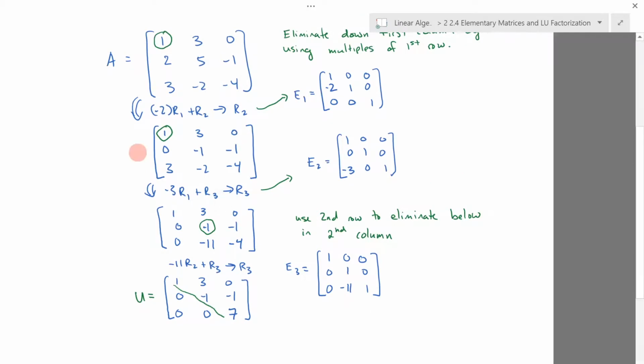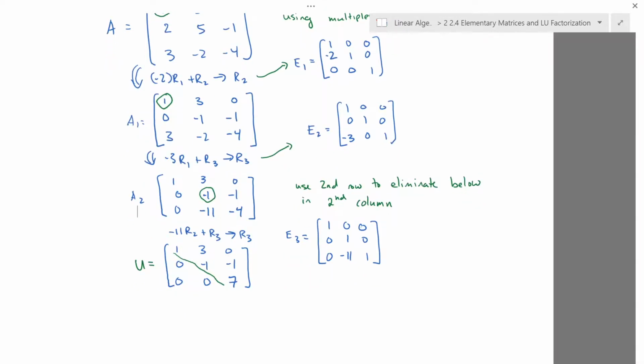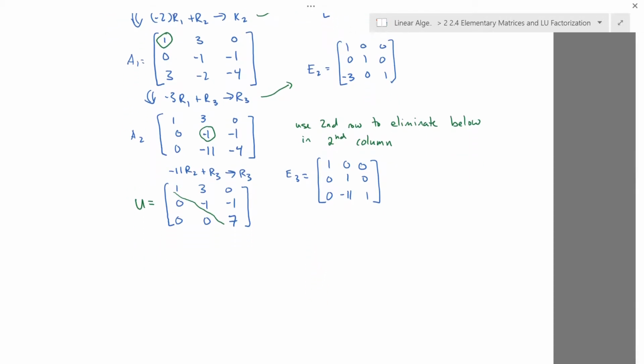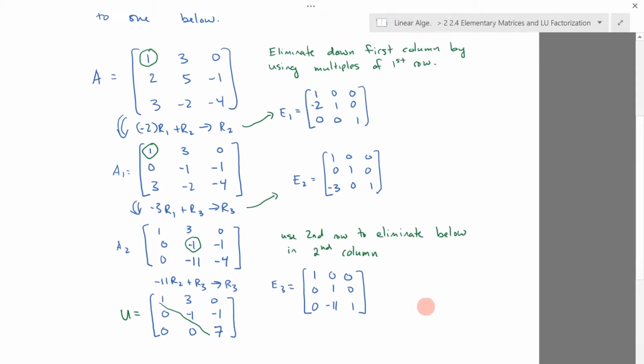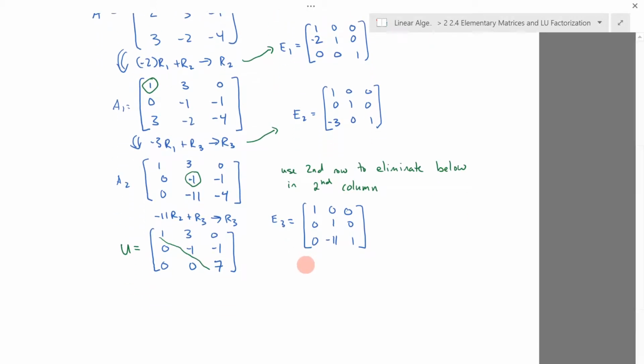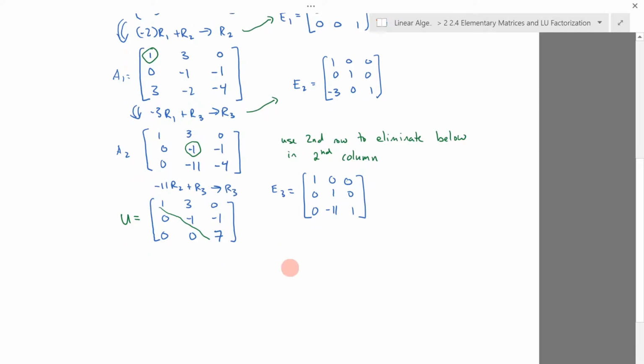Let's call this matrix A1, this matrix A2. Basically we started with matrix A and we turned it into matrix U by this sequence of row operations. In terms of the elementary matrices, I'm taking A and multiplying on the left by these elementary matrices.